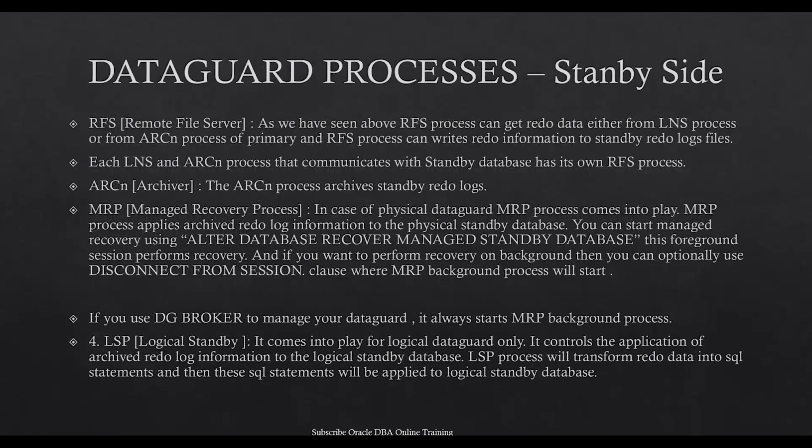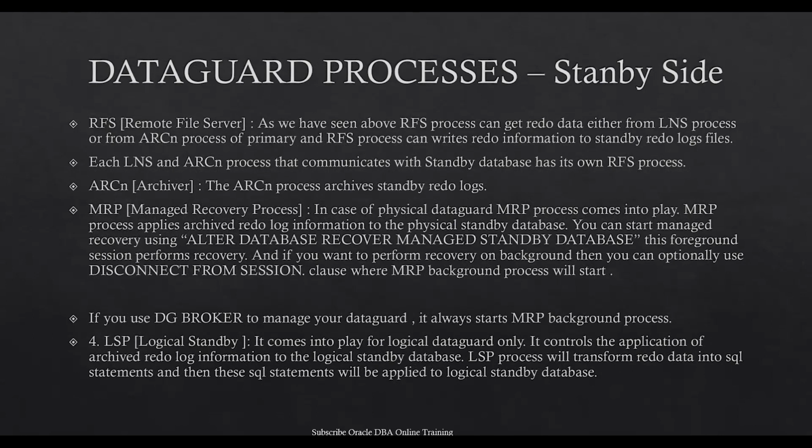Then we have the standby side processes, starting with RFS, the remote file server, a very important process whose job is to fetch the records from the primary side. As we have seen, the RFS process can get redo data either from the LNS process or from the archiver process of the primary, and then it writes redo information to the standby redo log files.